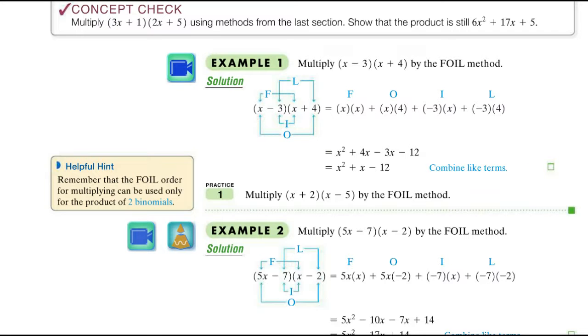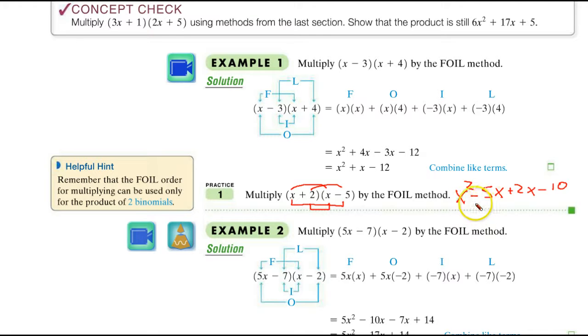So let's do the practice one. First, that will be x squared. Outers, a negative 5x. Inners, a positive 2x. And then last, a negative 10.